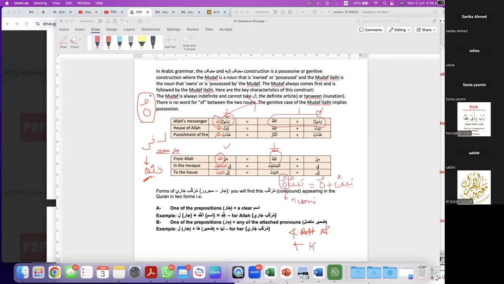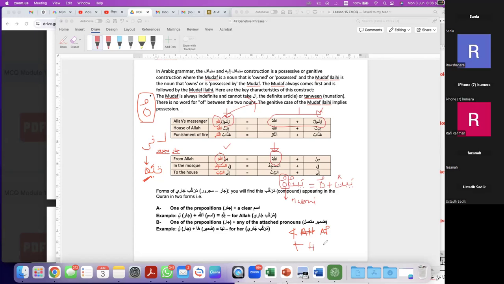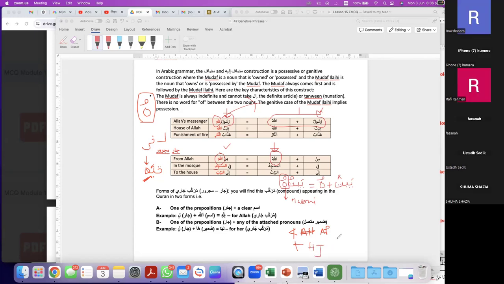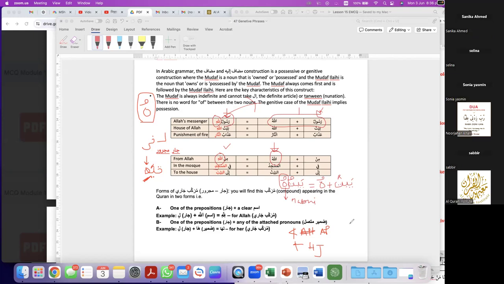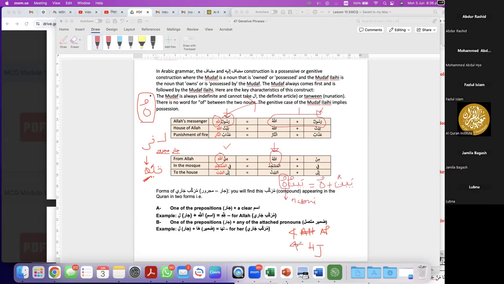You know, there are 10 harf jar we have memorized, okay? Ila, ala, min, and so on. Everyone remember the 10: ila, ala, fi, bi. But there are 4 harf jar that, when they come followed by 4 types of attached pronoun, not all 12 attached pronouns.